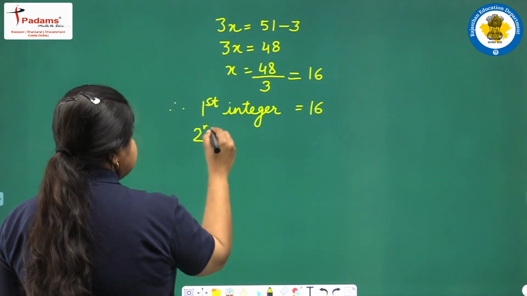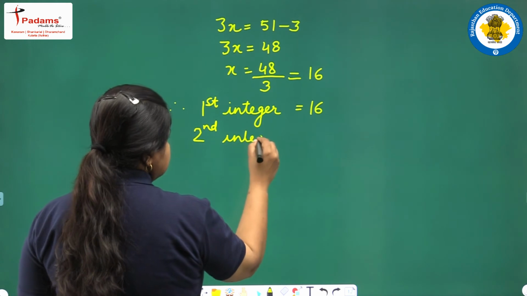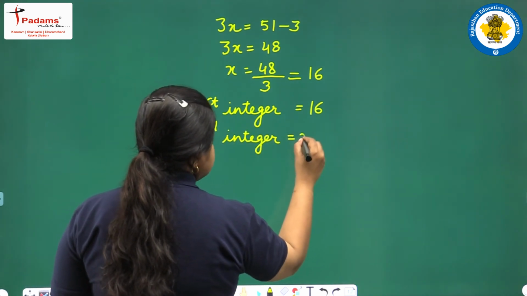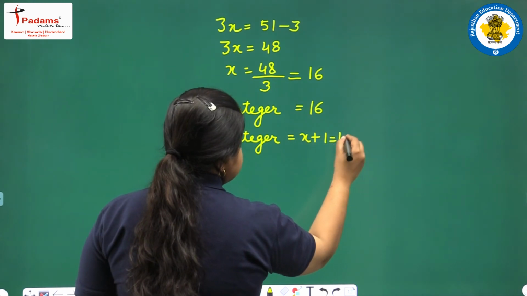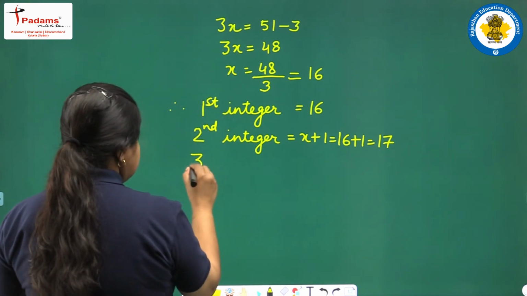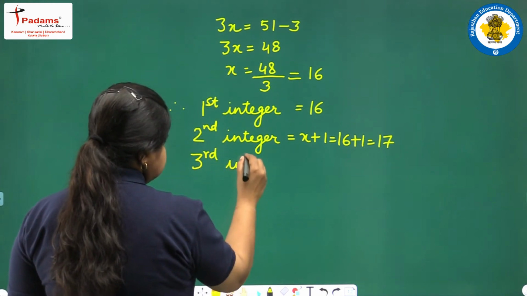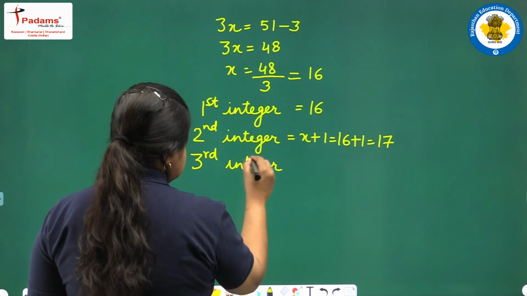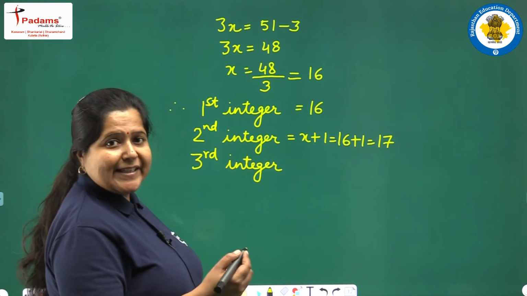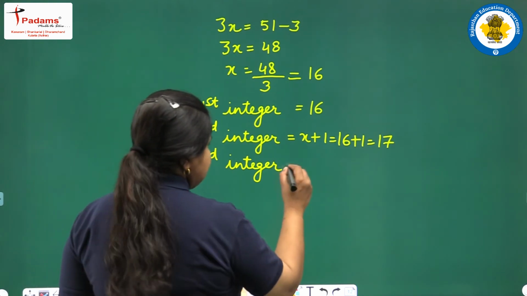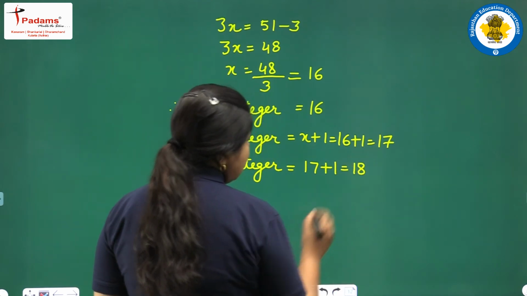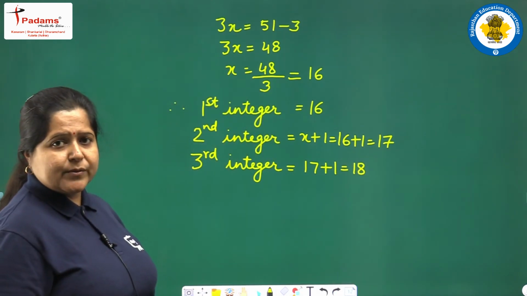The second integer was x plus 1, that is 16 plus 1, which is 17. And the third integer, because they are continuous, will be 17 plus 1 equal to 18, or you can write 16 plus 2 also.